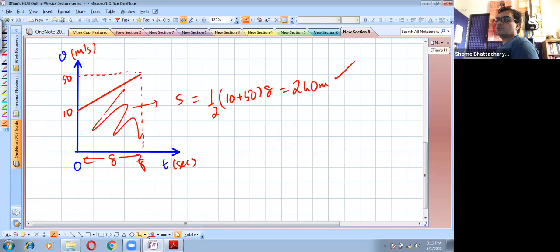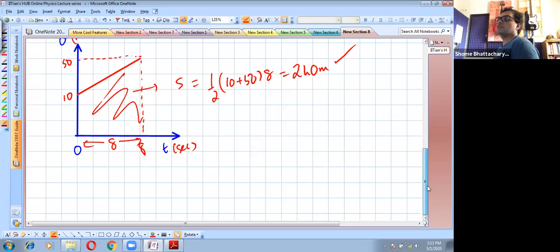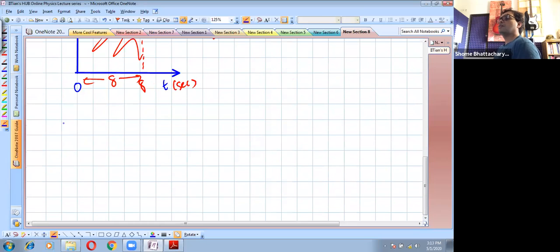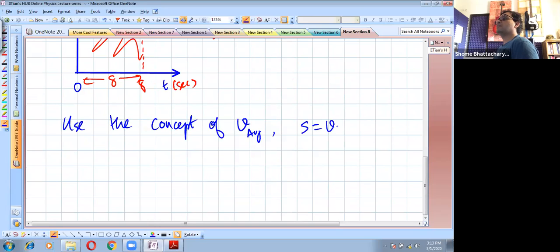And yet another shortcut I'll show you for doing the same question is you can also use the concept of average velocity, and the fact that displacement is average velocity multiplied by time. So here what is happening?